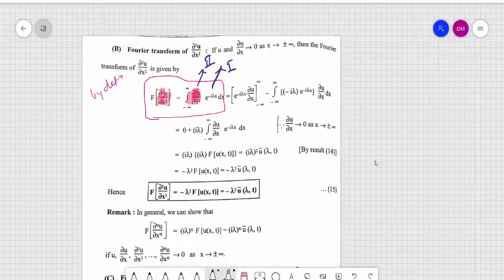What is the formula for integration by parts? Again, revise it. This is the first function and this is the second. So u as it is, times the integration of the second, minus the integration of the derivative of u times the integration of the second function.